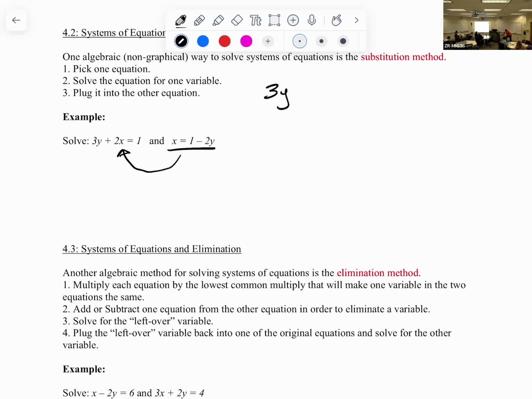We did a little bit of this back in chapter 2 as well. Once you have that, I've turned something that had two variables into a single equation with just one variable.